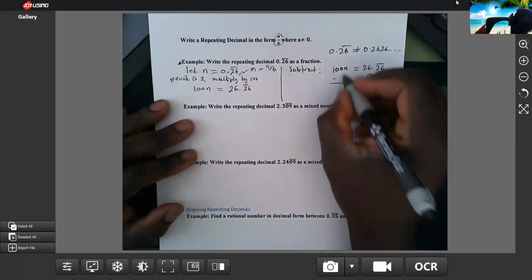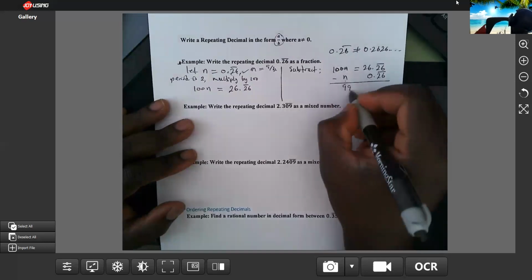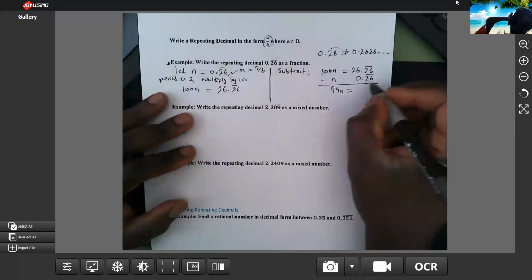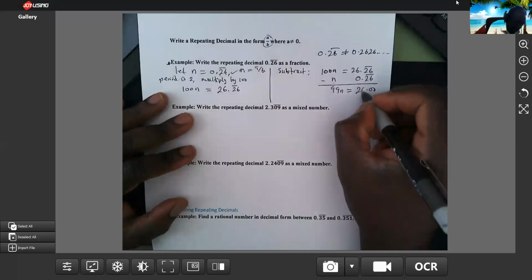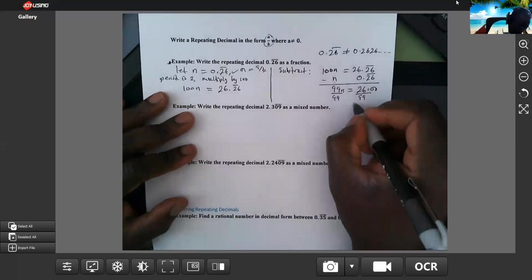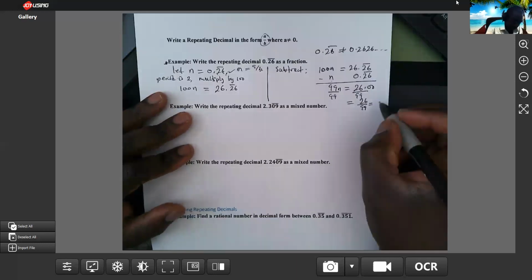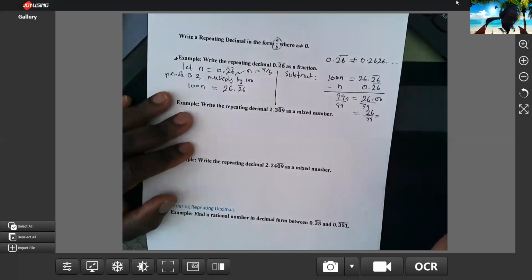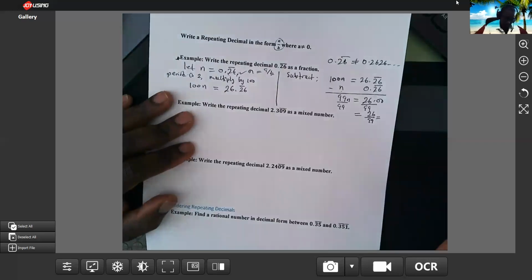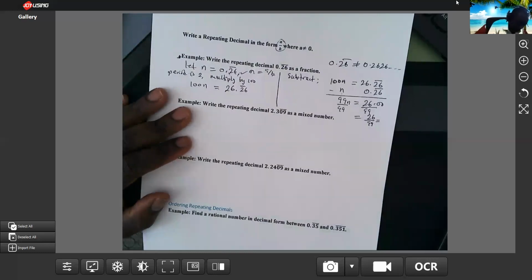So 100n minus 1n is 99n, and the right side is 26. Then you divide both sides by 99, which gives 26 over 99. Can you simplify that? No. So that will be your answer.